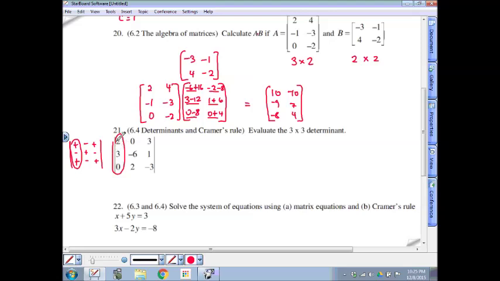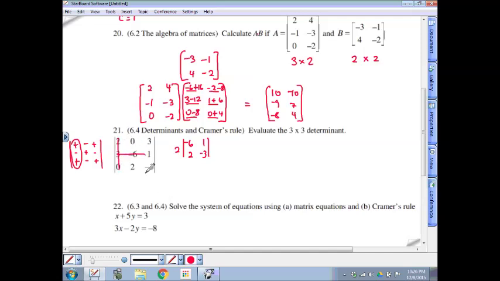Once you've chosen a column, then you have to find the cofactors. So if I cross out the row and the column there, and then plus just means it stays positive, so I'm going to use 2 multiplied by the resulting minor of negative 6, 1, 2, negative 3.